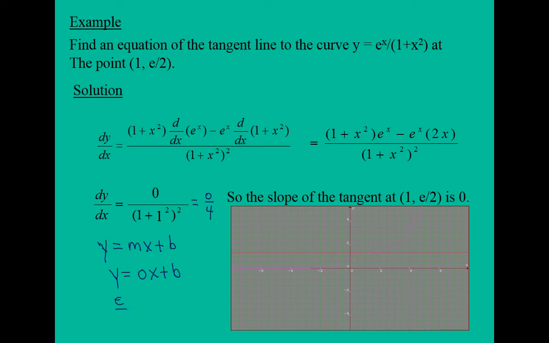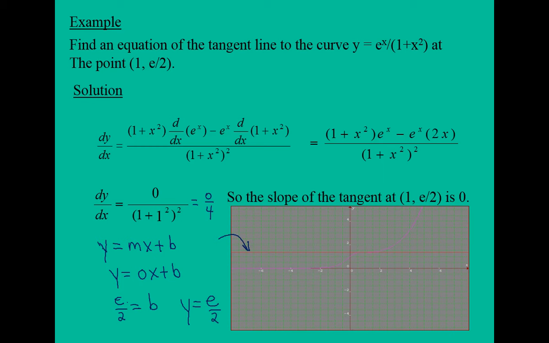So y is e over 2. This is 0. So we have b equals e over 2. So the equation of the line would be y equals e divided by 2. And that's the equation of the line we see here.